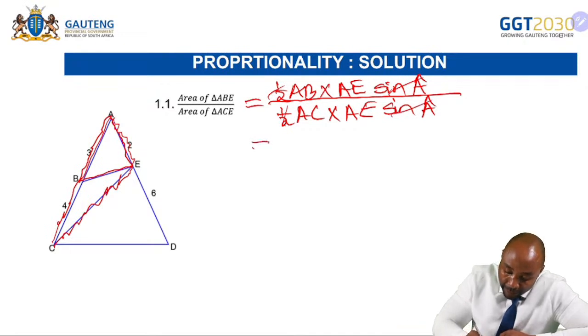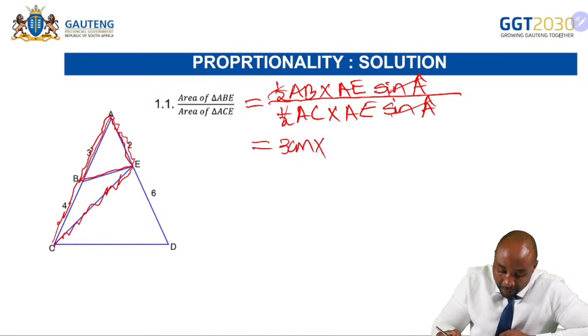What is AB? You just take from the diagram, it is 3 centimeters. What is AE?